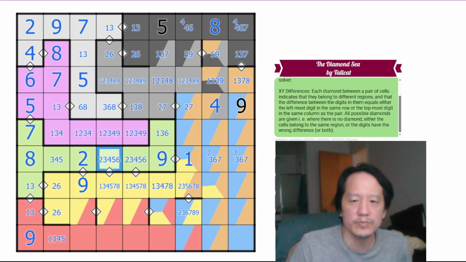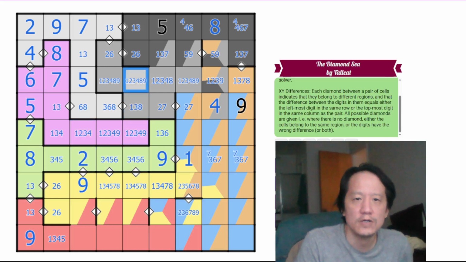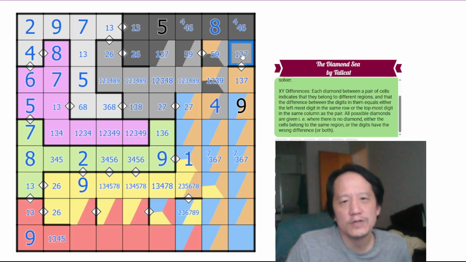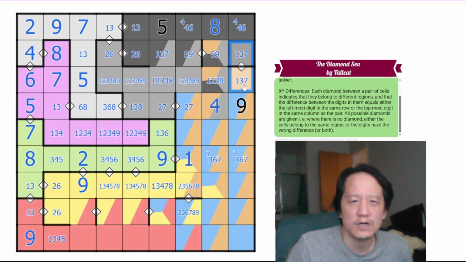So these can't be 2s here. This can't be 7 anymore, so this can't be 1 and 8 here. So this has to be 3, 7 or 1, 7 here, to have a difference of 4 and 6. Therefore, 7 has to be one of these two digits, which means 7 cannot be here. Where is the 7 in row 6?